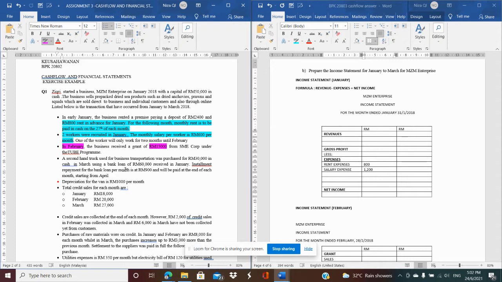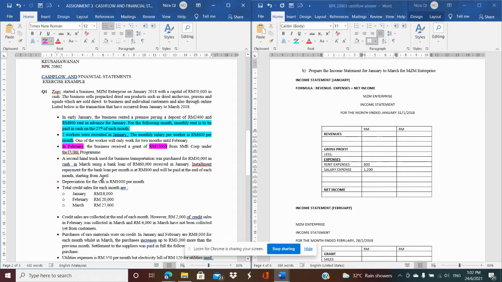In the income statement, we will only record the interest part. The repayment of the principal will be recorded in the balance sheet. But for this month, there is nothing to be recorded. And also for this business, it started in April, so it's not relevant.